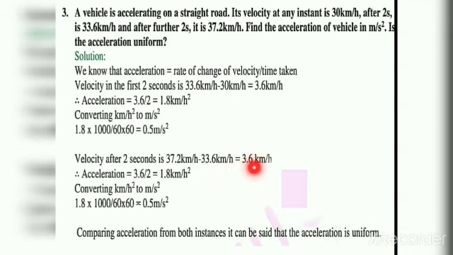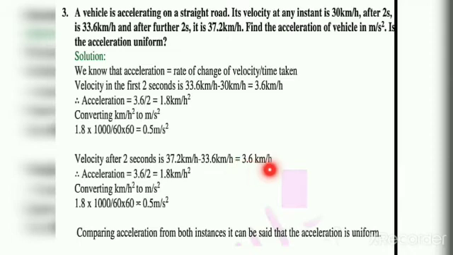In the first case, you have taken 30 km per hour and 33.6 km per hour as the velocities, and for the further 2 seconds it will be 37.2 km per hour and 33.6 km per hour. So when you want to find the change in velocity, that will be 37.2 km per hour minus 33.6 km per hour.